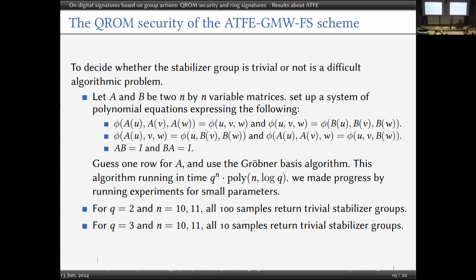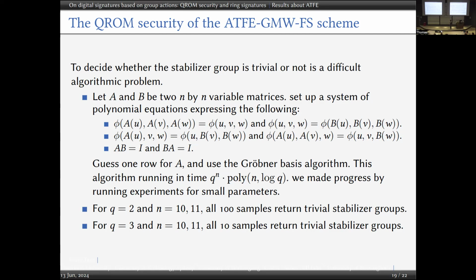For this concrete setting, we use Gröbner basis to provide some experimental evidence to support the QROM security for the alternating trilinear form. We set A and B to be two variable matrices, where B is A's inverse, and set up polynomial equations. Firstly, cubic equations, where we can put A on the left side or B on the right side. We also have some quadratic equations, by moving B to the right side.